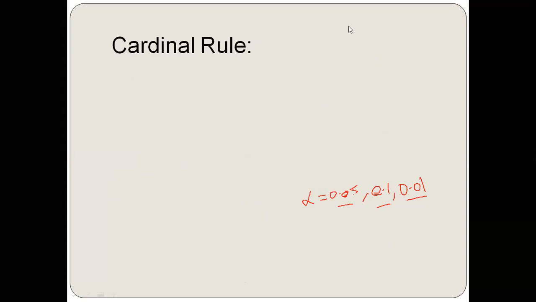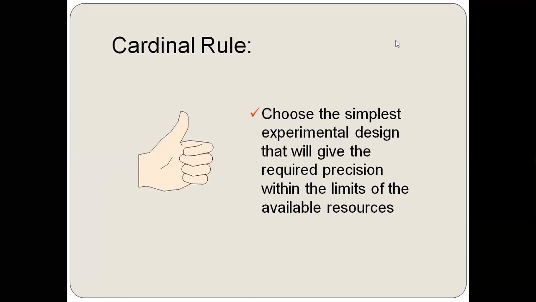Right. What are the rules? Some of the cardinal rules. Choose the simplest experimental design that will give the required precision within the limit of the available resources. So don't do complicated things. If you have problem writing essays in English, people advise, don't write a big sentence.